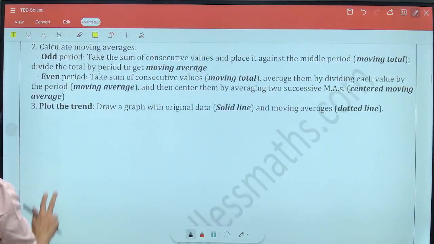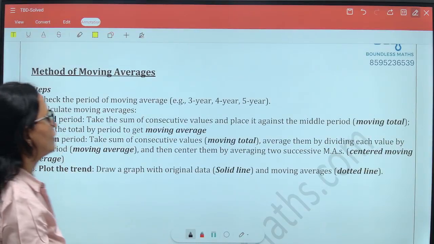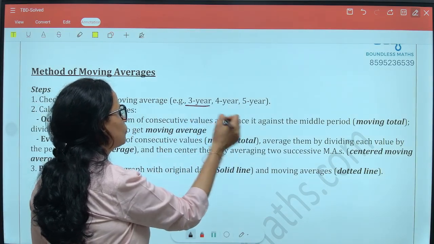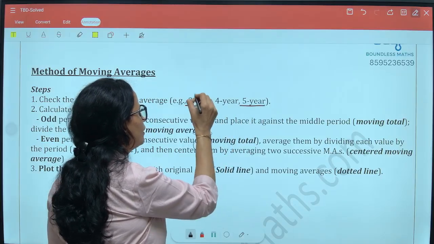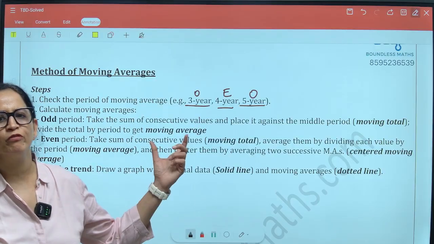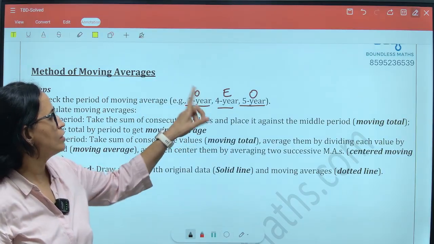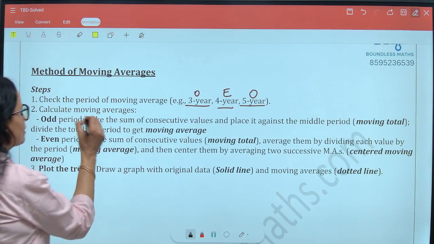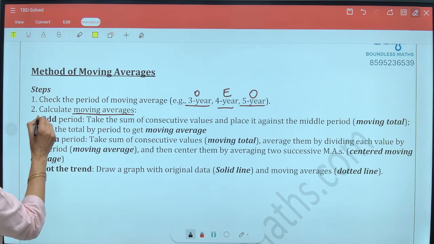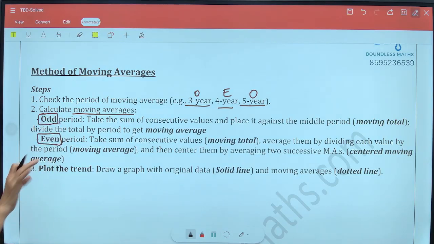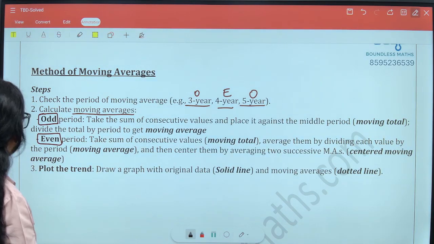So moving averages method, the first step here is read the question carefully and see whether the duration given in the question is odd or even. So you have to find moving averages for what duration. First, understand that from the question. The second step is calculate the moving averages. The steps are a little different for odd and even periods. So we'll have a look at how to calculate it using examples.